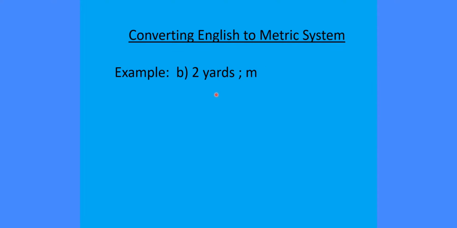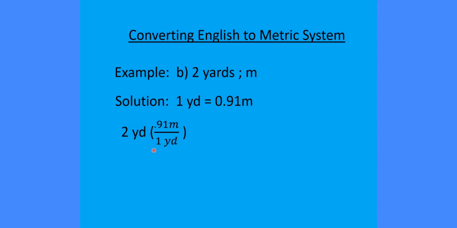Example B, 2 yards will be converted into meter. Yards is an English unit of measurement, then meter is a metric unit of measurement. Solution, 1 yard is 0.91 meter. So we will multiply the given value, which is 2 yards, by this ratio 0.91 meter over 1 yard.